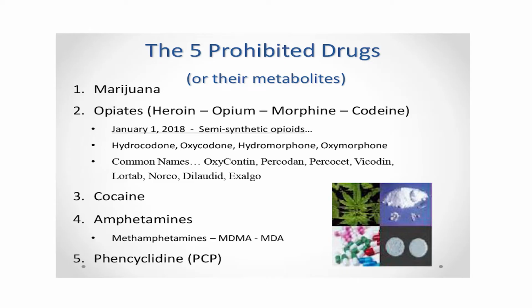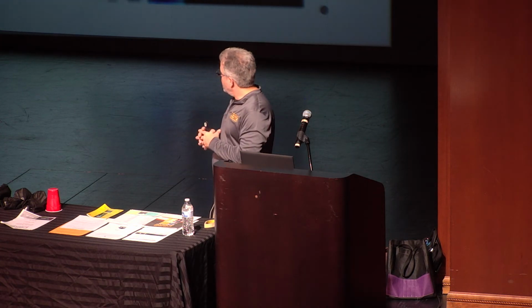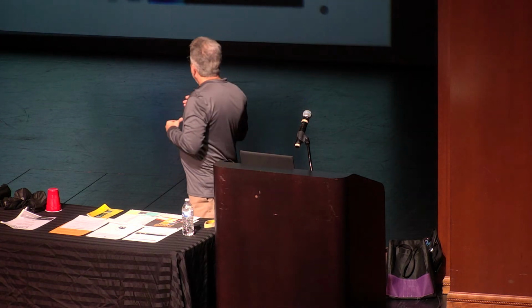So that is the heroin, opium, morphine, codeine, direct derivatives from that plant. But the semi-synthetics are the man-made ones, and you see a lot of familiar things there: oxycodone, OxyContin, Percocet, Vicodin, and some of us may be on some of these opioids for pain management.